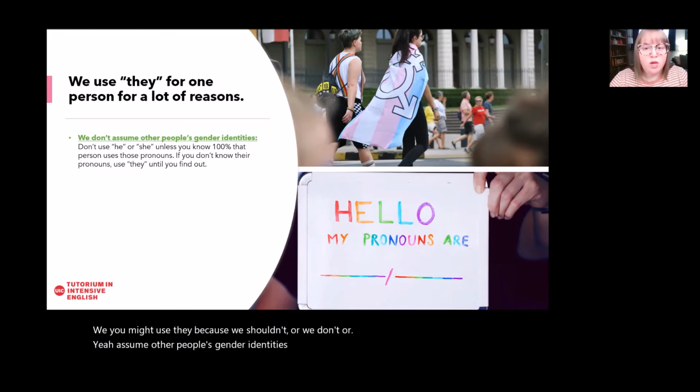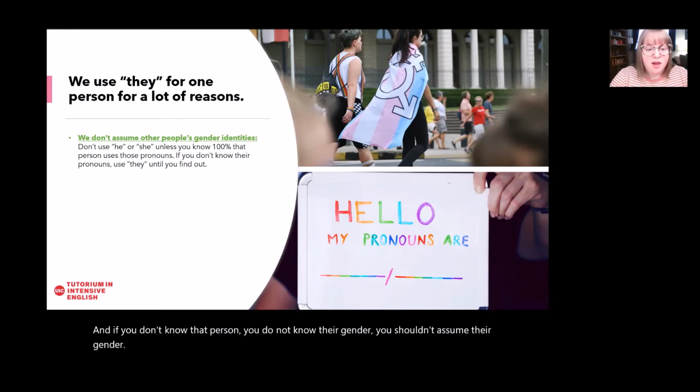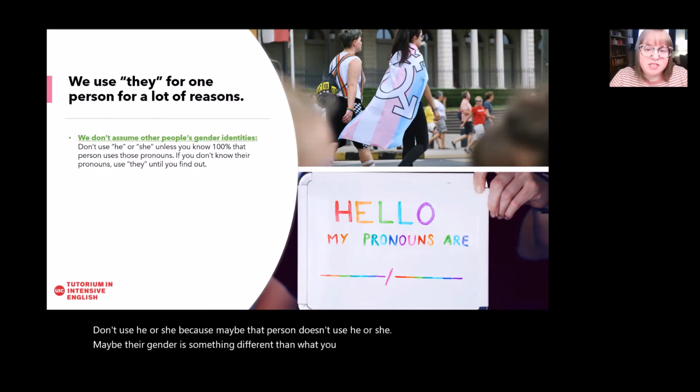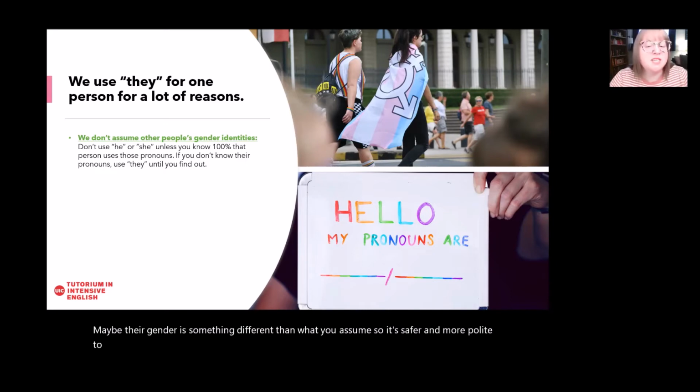So when you meet someone and you do not know their gender, you shouldn't assume their gender. Don't use he or she, because maybe that person doesn't use he or she. Maybe their gender is something different than what you assume. So it's safer and more polite to use they until you ask them what their pronouns are.